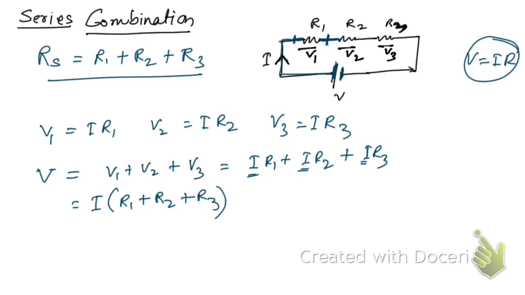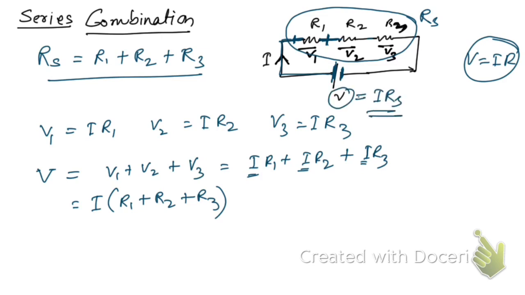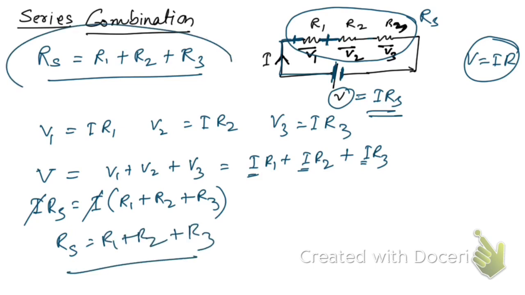Now if the effective or total resistance is RS, then according to Ohm's law this V must be equal to I into RS. So instead of V we can write I into RS, then I cancels, so RS is equal to R1 plus R2 plus R3. That's how we can find the equivalent resistance in series connection.